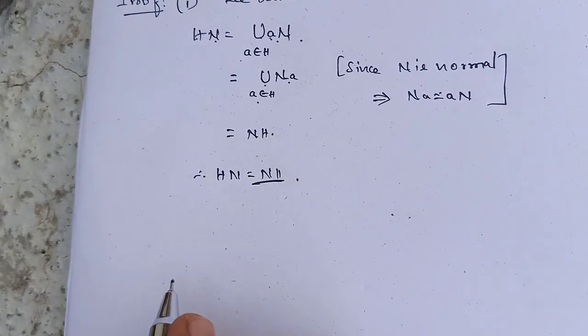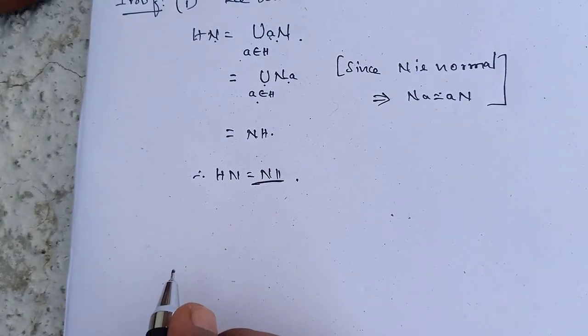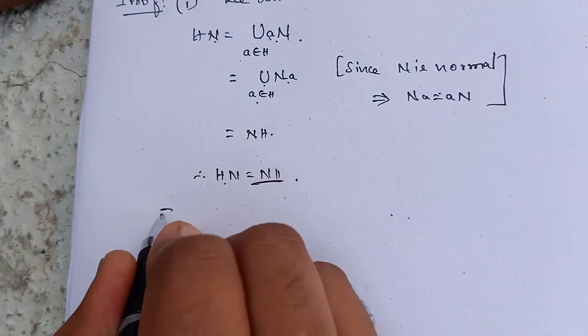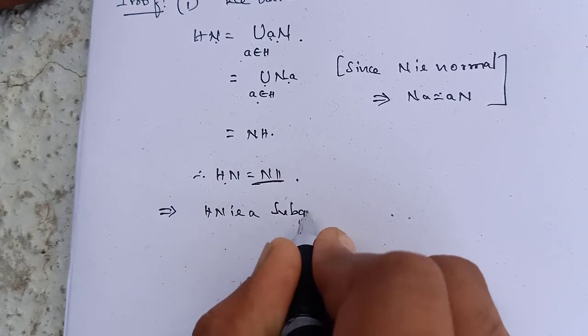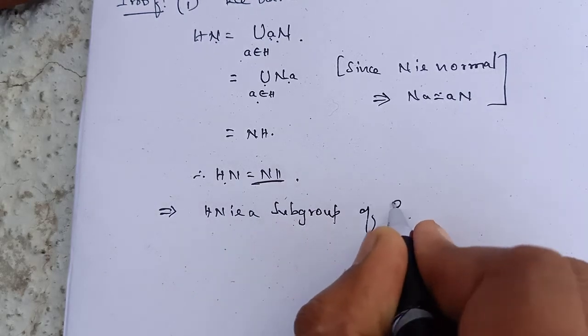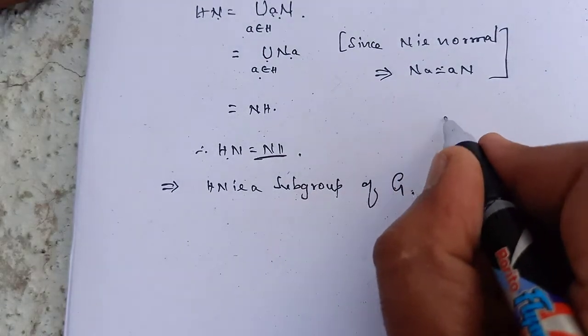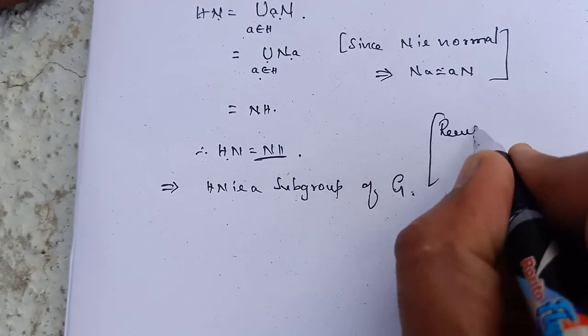Okay, what we need to prove? We need to prove that HN is a subgroup of G. We have a result that I mention here.